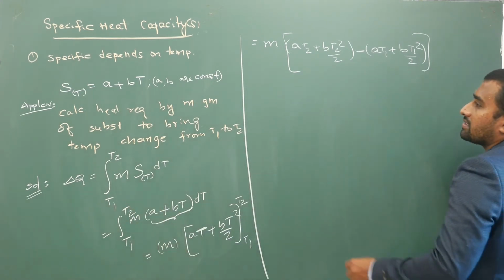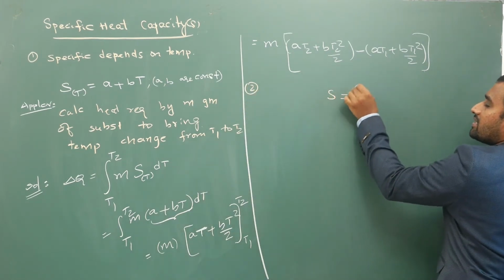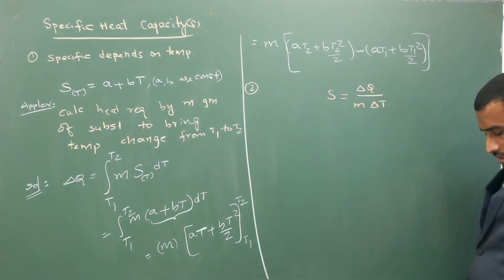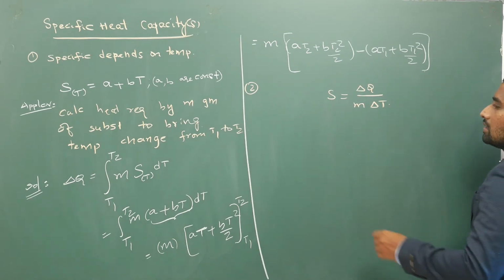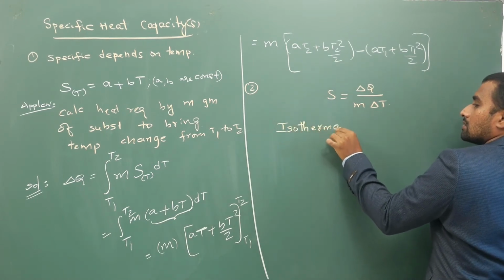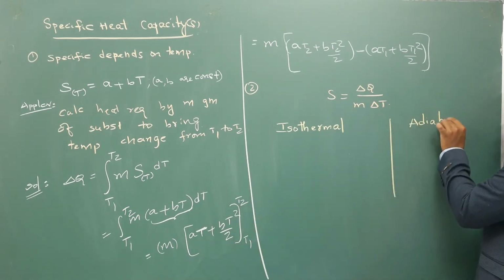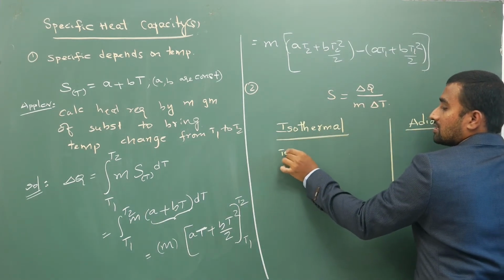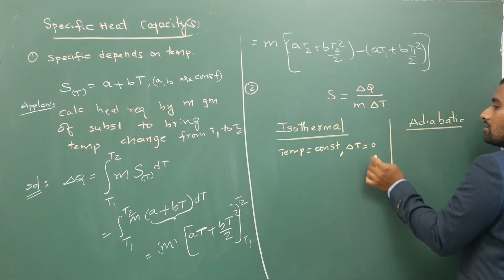Next, the second point. Your specific heat definition is S equal to delta Q by M into delta theta. Now, if the process is isothermal, and if the process is adiabatic, what is the difference between these two? Isothermal means temperature is constant, so delta T will be 0.